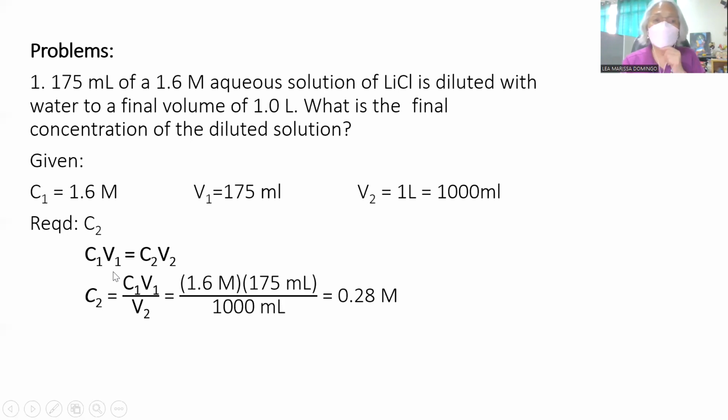Using C1V1 equals C2V2, looking for C2 or the final concentration, we have C1V1 over V2, and then substituting the values, 1.6 molar times 175 mL divided by 1000 mL is equal to 0.28 molar. You see the decrease in concentration, from 1.6 to 0.28, because we added solvent.